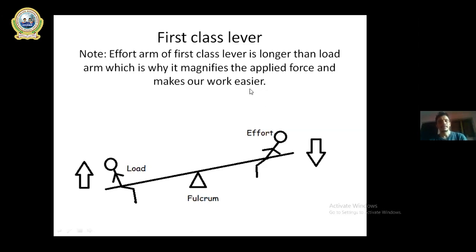That means by applying less force, you can lift a heavy load. By using first class lever, by applying less effort, we can do heavy work. That means effort arm of the first class lever is longer than load arm, which is why it magnifies the applied force and makes our work easier.